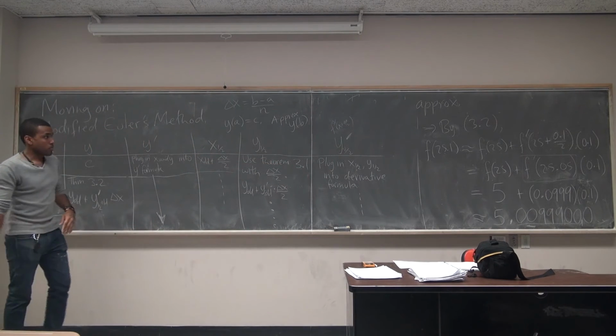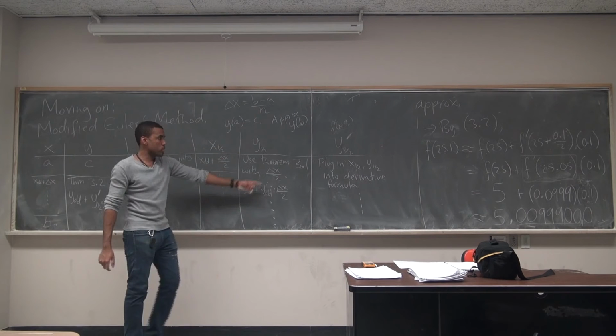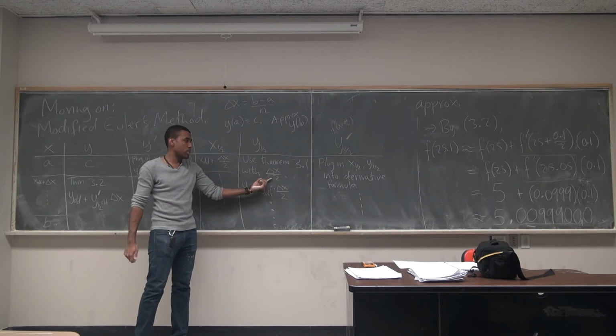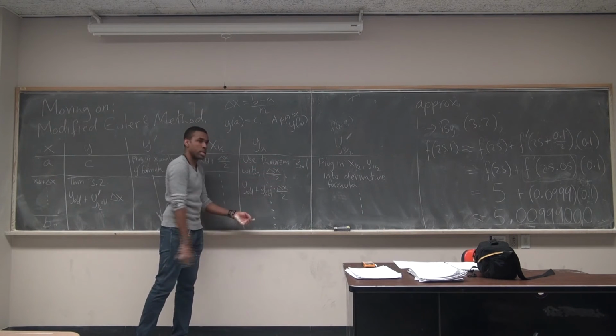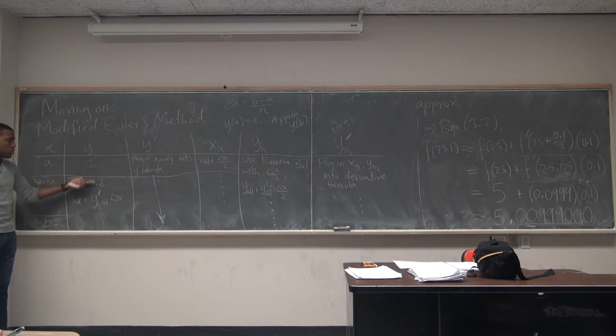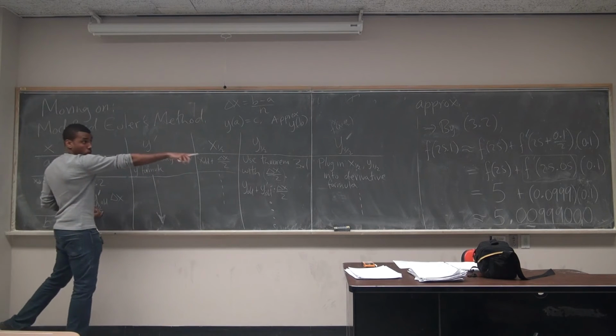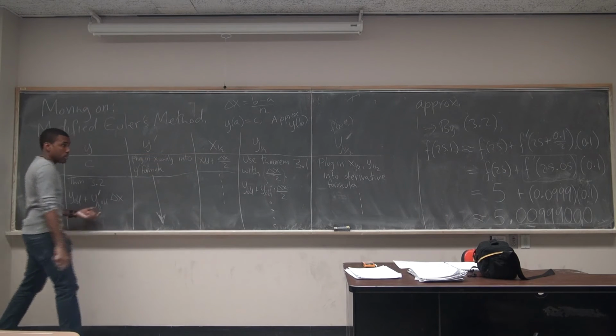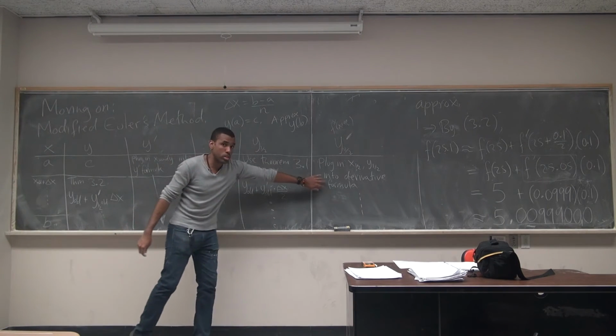To compute the y half, you use theorem 3.1, but instead of using delta x, you use delta x over 2. You take a half step. And then to find y's, every y except the first one, you use theorem 3.2. So you're using the old y, but the derivative you're using is the one all the way from that. This derivative is the one you're going to be using.